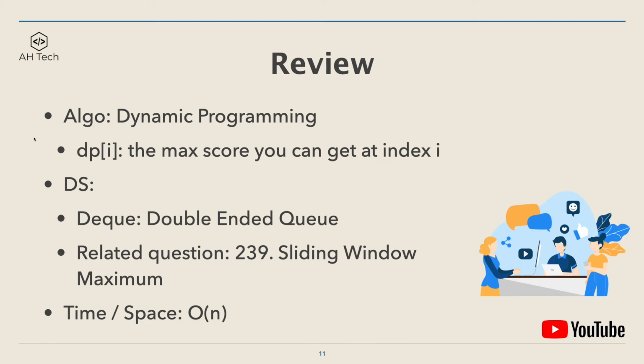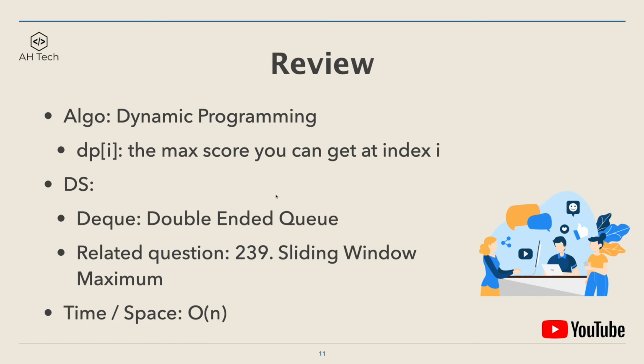Finally, let's review. The algorithm we use to solve this question is dynamic programming. And the meaning of the dp array is the maximum score we can get at each index i. And the key data structure we use in this question is a deque, which is a double-ended queue.